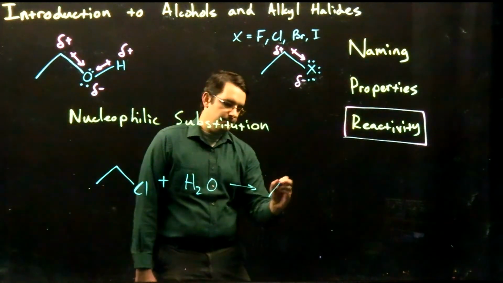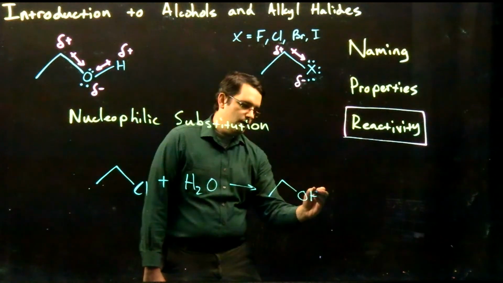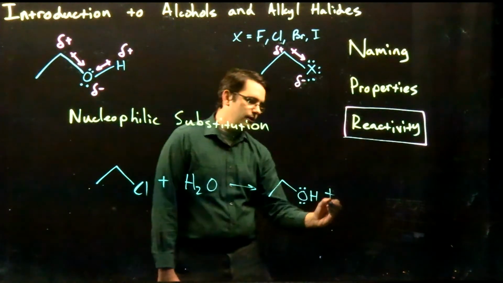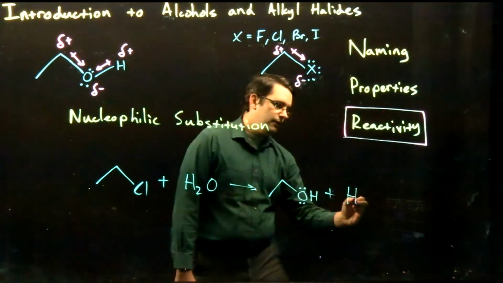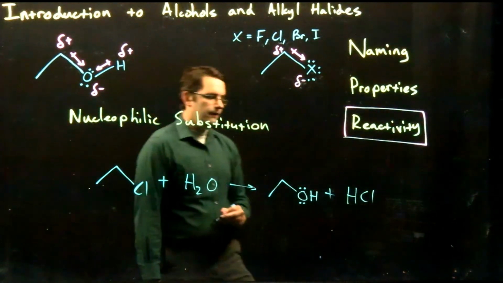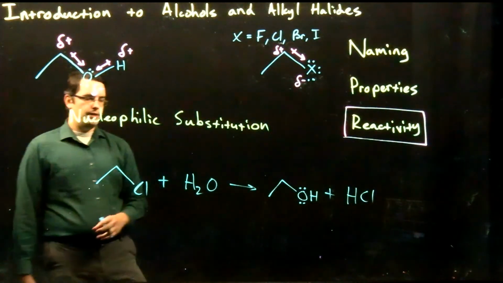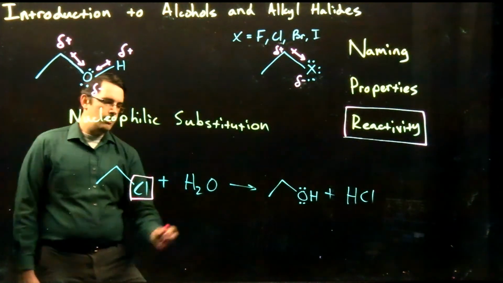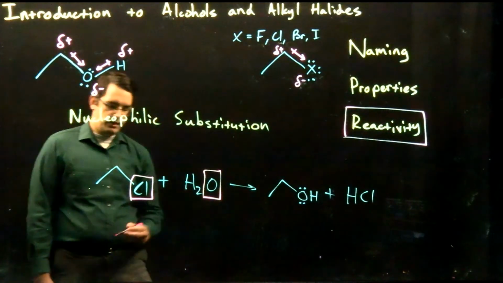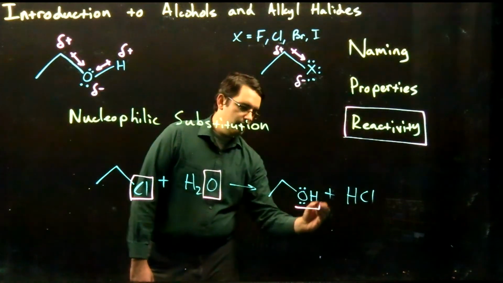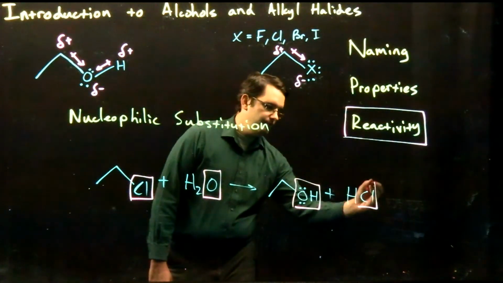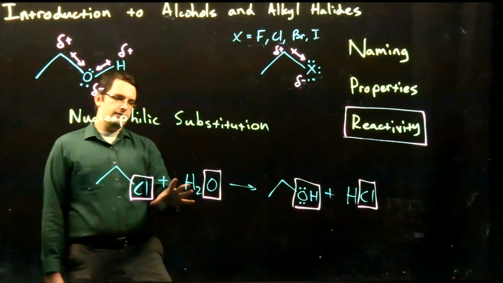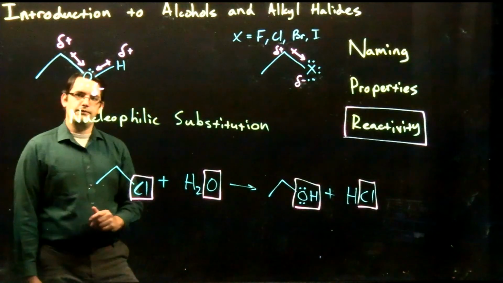So this reaction would produce an alcohol, our ethanol, and a hydrogen halide, in this case HCl. So again, we're just taking the nucleophile and replacing it with another nucleophile in this substitution reaction. And we'll explore the details of this reaction in the next few videos.